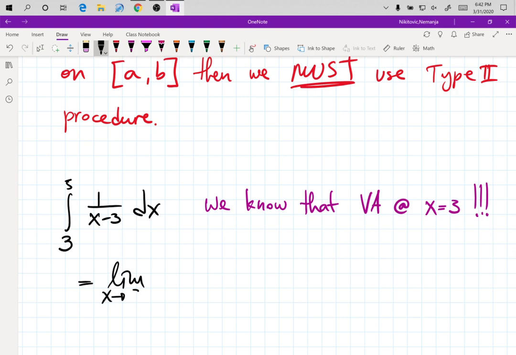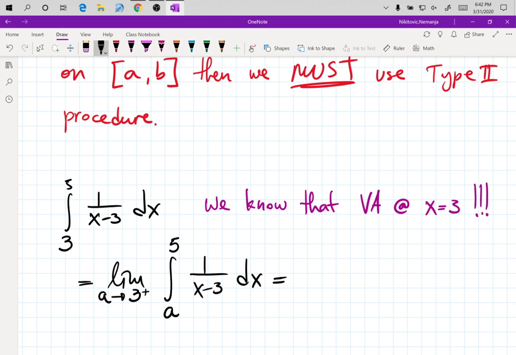X approaches 3, and it's approaching 3 from the right. So 3 plus. It's a one-sided limit. And we have the integral, lower limit a to 5 of 1 over x minus 3 dx.